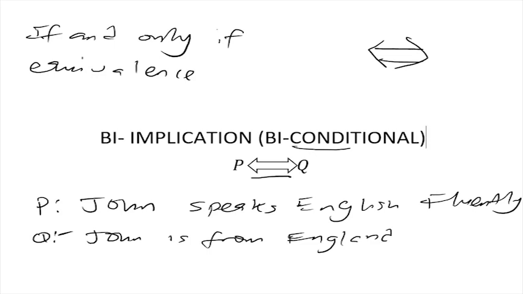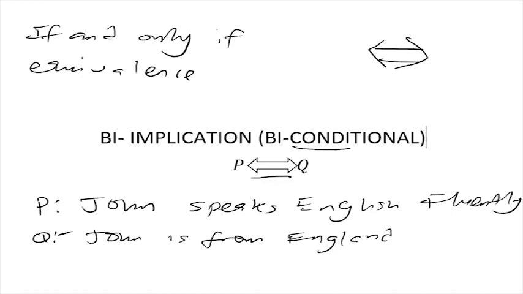So if we are using biconditional as the logical connective, what this means is that if it is true that John speaks English fluently, then we can conclude that John is from England. And also, if you find any John who is from England, then you can conclude that that particular person speaks English fluently.